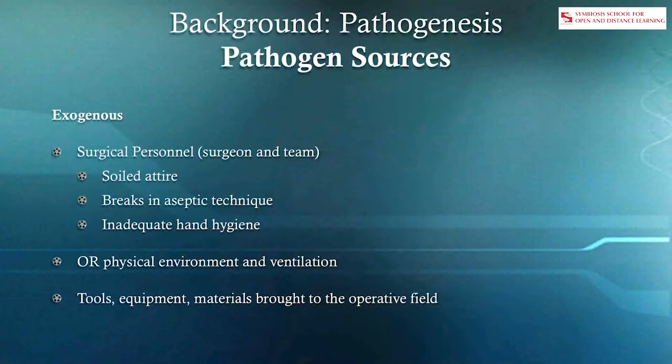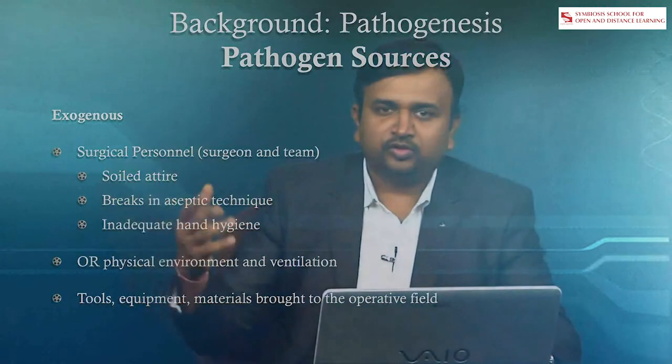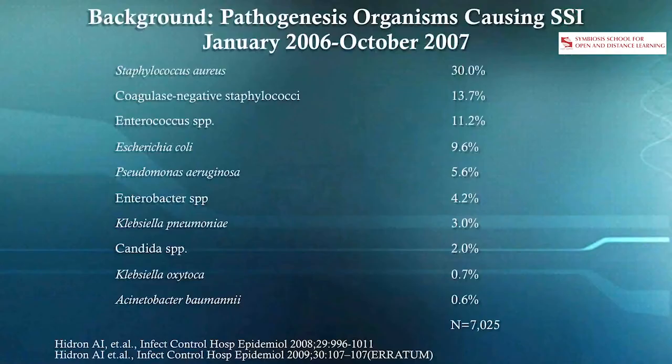And surgical personnel, the most important thing is the dirty hands of the surgeons and their team. If they have soiled attire, breaks in aseptic techniques, inadequate hand hygiene, a lot of OR trafficking, and the operating room physical environment and ventilation, and tools and equipment materials brought to the operative field from your CSSD. These are all important exogenous and modifiable risk factors for development of SSI.